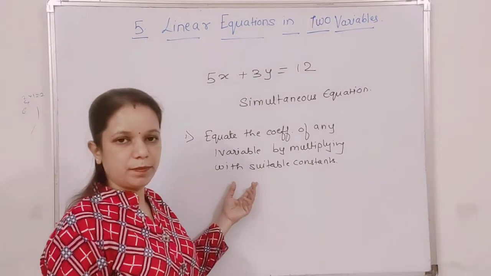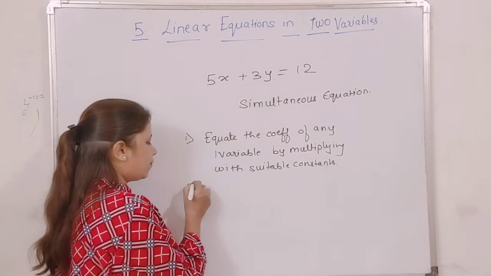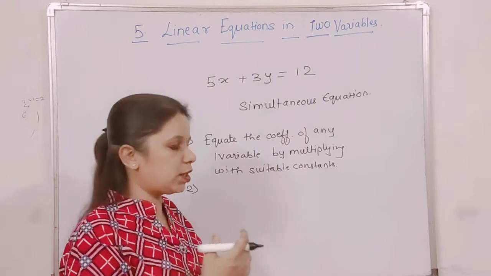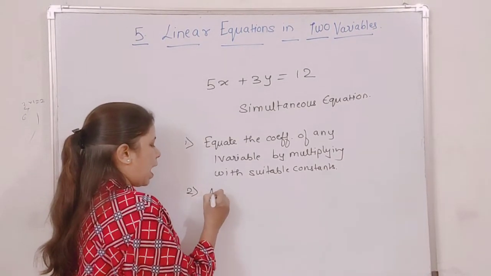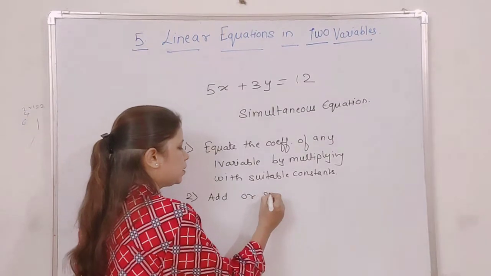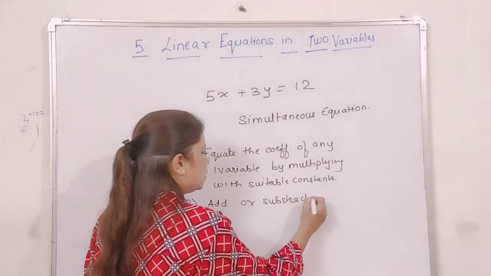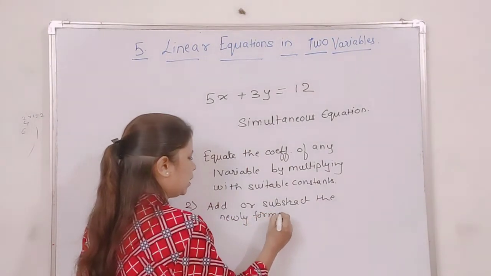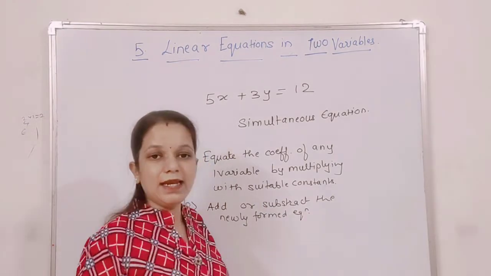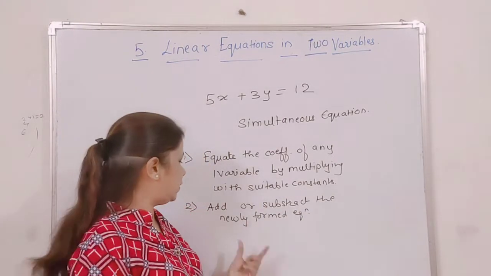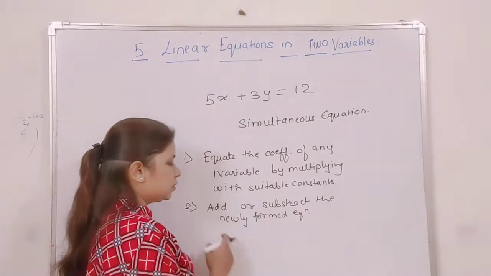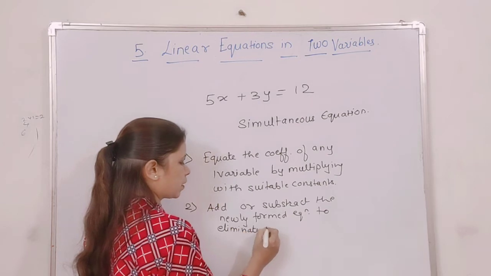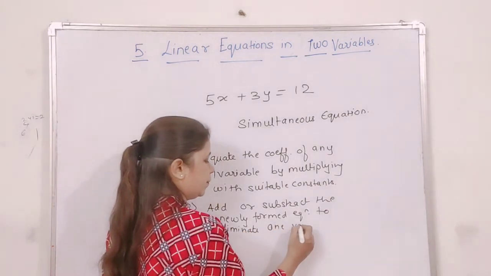That is the first step. Then the second step, after multiplying one equation or both the equations, we either add or subtract the newly formed equations and eliminate one of the variables.